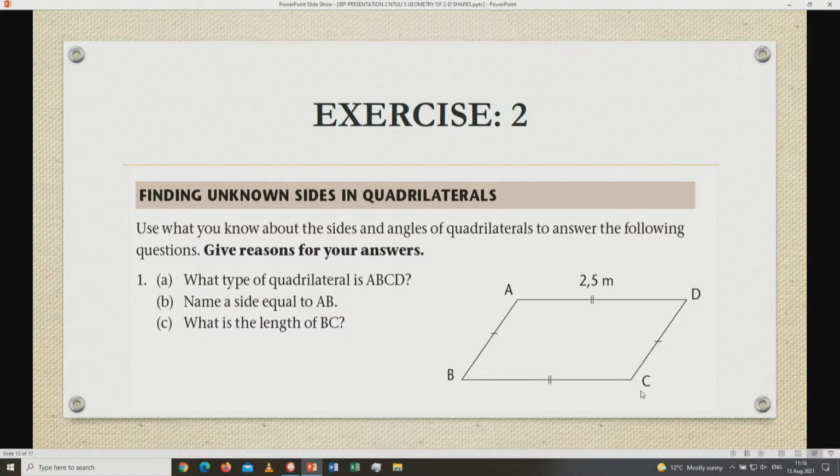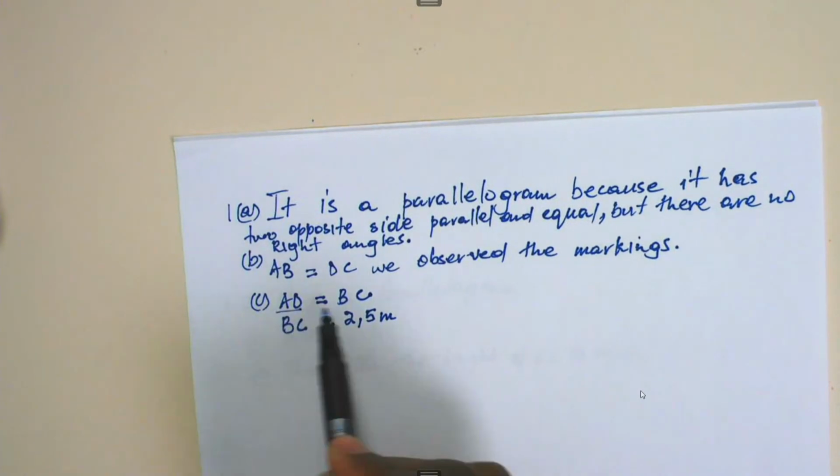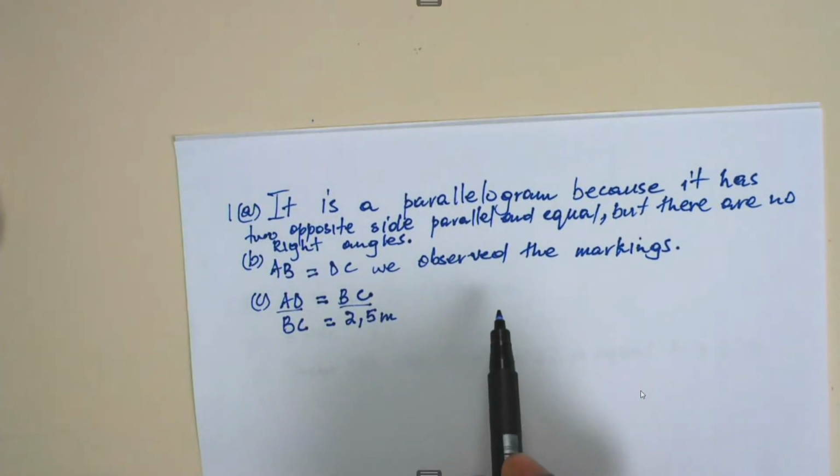AD is equal to BC. Therefore, the length of BC is equal to 2.5 meters. Why? Because AD is equal to BC. We see the markings there. We observe the markings. We would say the same.